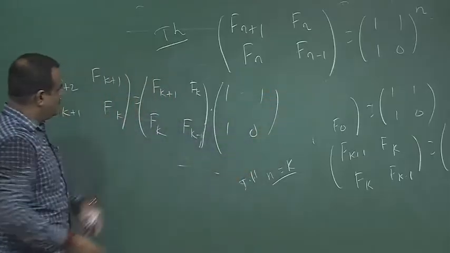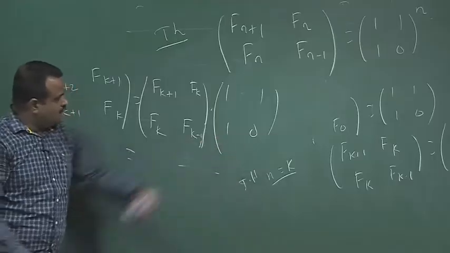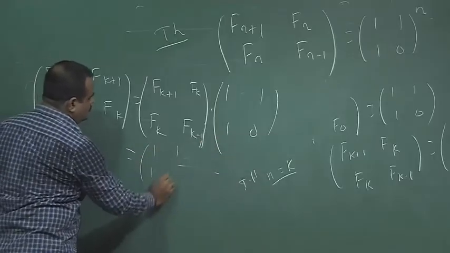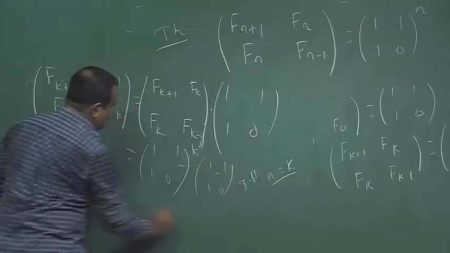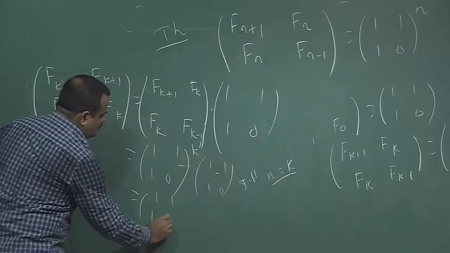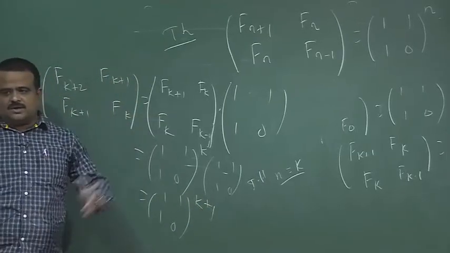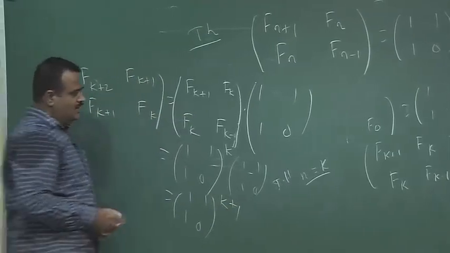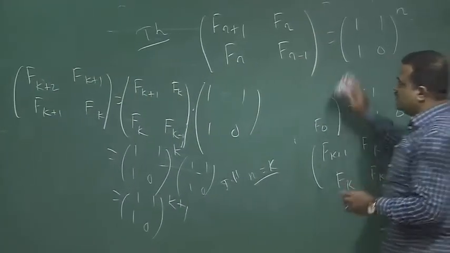This we can easily check. Now, for this we are using the induction hypothesis. So this is [1 1; 1 0] to the power k and this is [1 1; 1 0]. So this is basically [1 1; 1 0] to the power k plus 1. So the result is true for n equal to k plus 1. By the method of induction we can say that the result is true for all n. So this theorem is true.